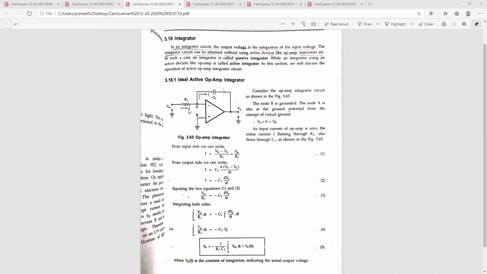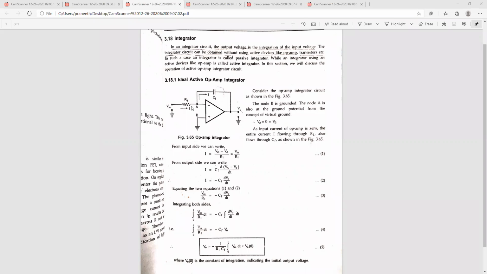From the input side, the current equation is I equals (Vin minus VA) by R1. Since VA is 0, this can be rewritten as I equals Vin by R1.